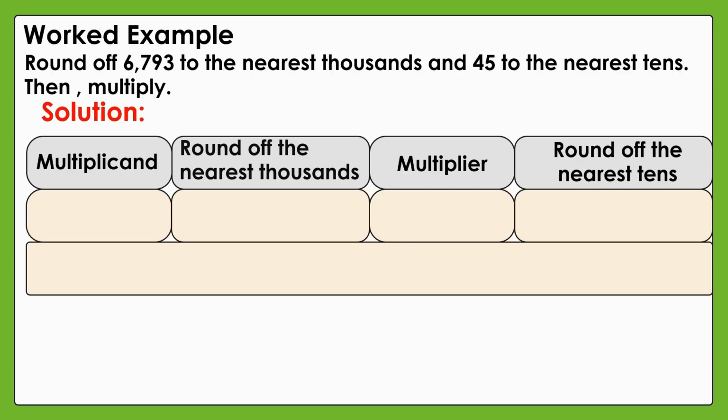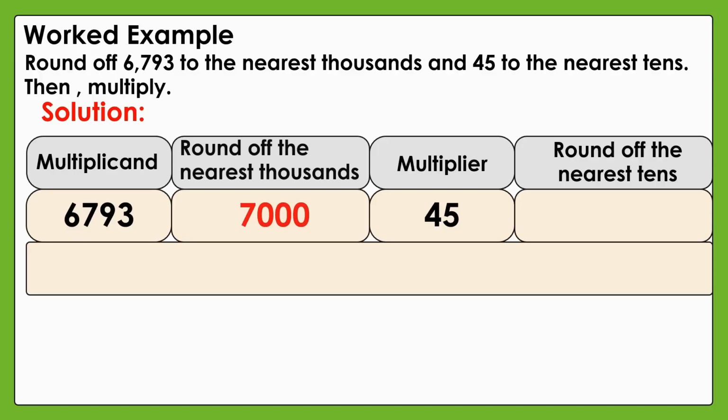Round off 6,793 to the nearest thousands and 45 to the nearest tens. Multiplicand 6,793. Round off to the nearest thousands, 7,000. Multiplier 45.